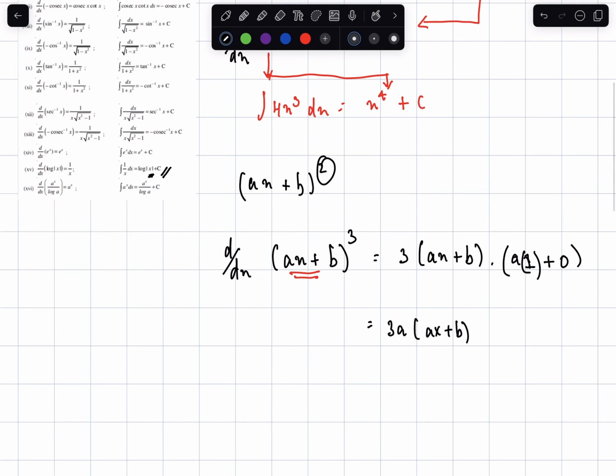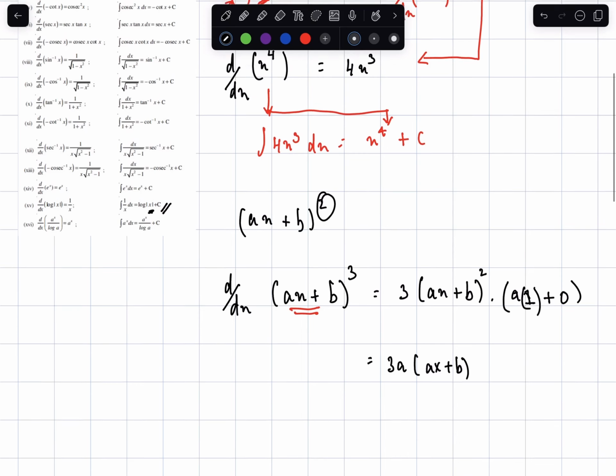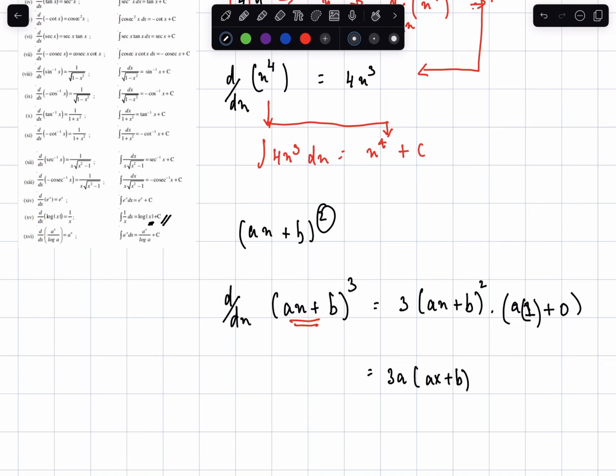So therefore, now all I have to do is, this is square. See, my bad guys, I forgot to do this. This is a mistake on my side. I'm sorry, I forgot to put the 2 here, ax plus b squared. Correct?